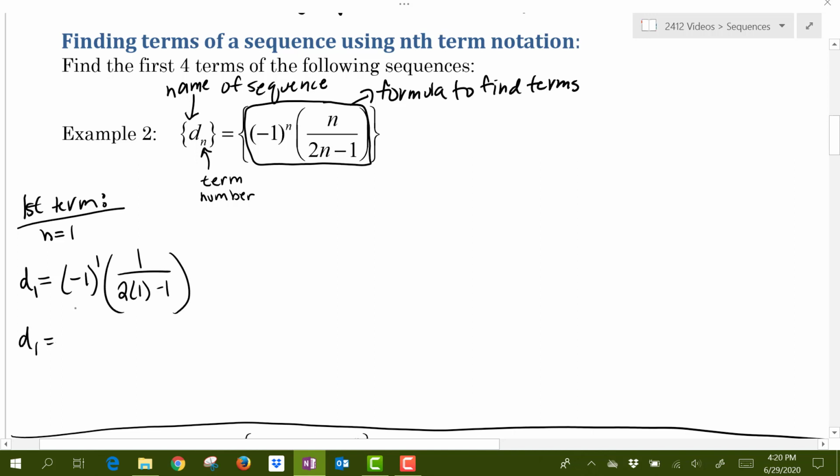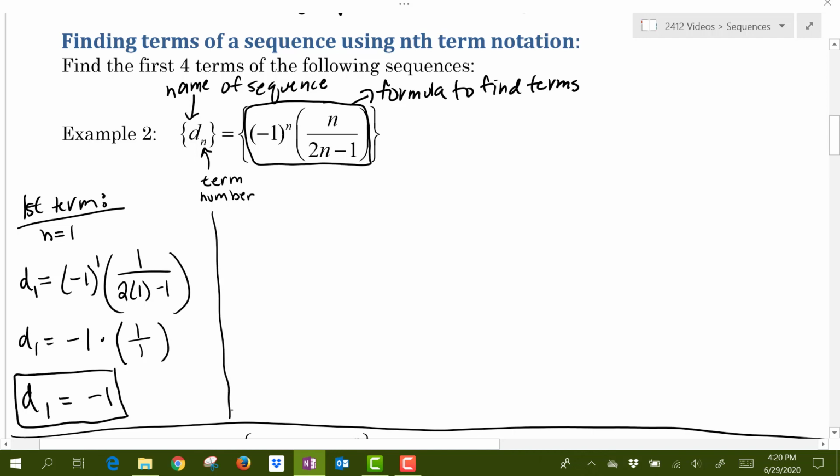We simplify that. Negative 1 to the power of 1 is negative 1. On the bottom, 2 times 1 is 2, 2 minus 1 is 1. So negative 1 times 1, we get negative 1. The first term of the sequence is negative 1.